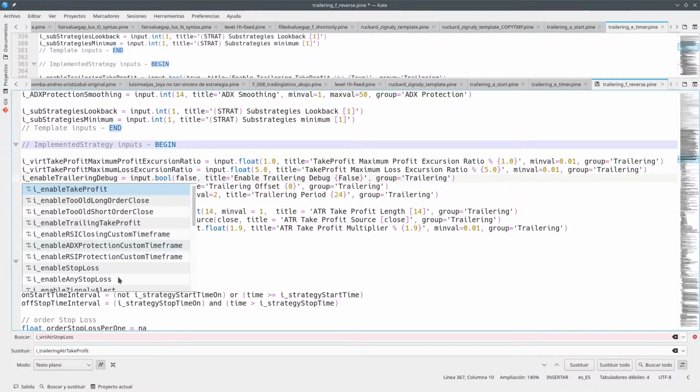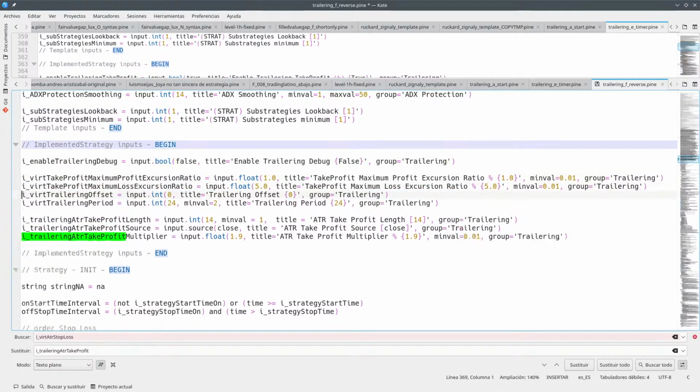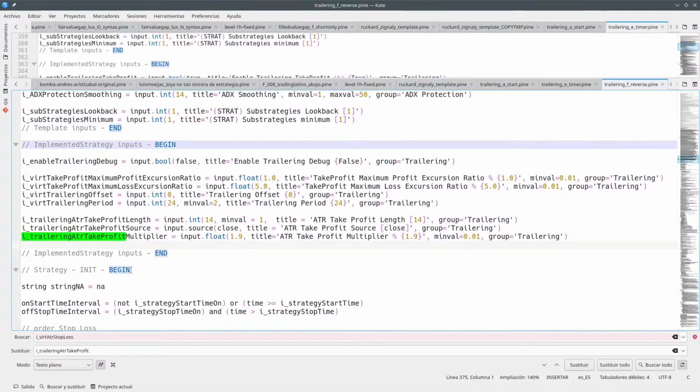Let's just enable trailing in the back, which we can set this the first one. Then we've got the virtual one because this is not take profit. Then we've got this trailing take profit multiplier or something.